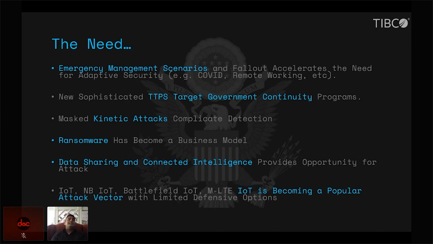The next need is obvious. A while back, you could talk of the concept of a kinetic attack, a bomb, or somebody going out of their way and doing some sort of terrorist physical attack, and you thought of it separately from a cyber attack. However, in the present day, when we talk about kinetic attacks and cyber attacks, we see that they're really a false dichotomy. Whenever there's a kinetic attack, there's always going to be cyber telemetry.